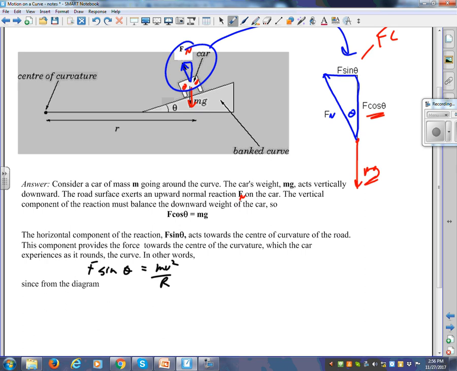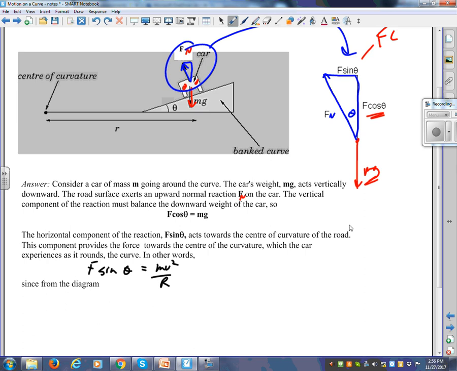Now from the diagram, you remember identities in pre-calc? Trig identities? Tan theta is equal to sine theta over cos theta, right? You don't have to know this.